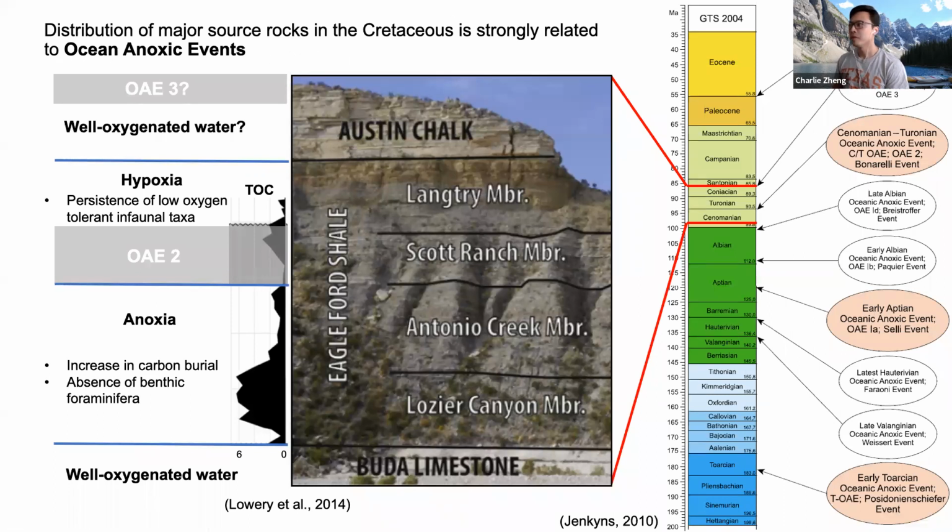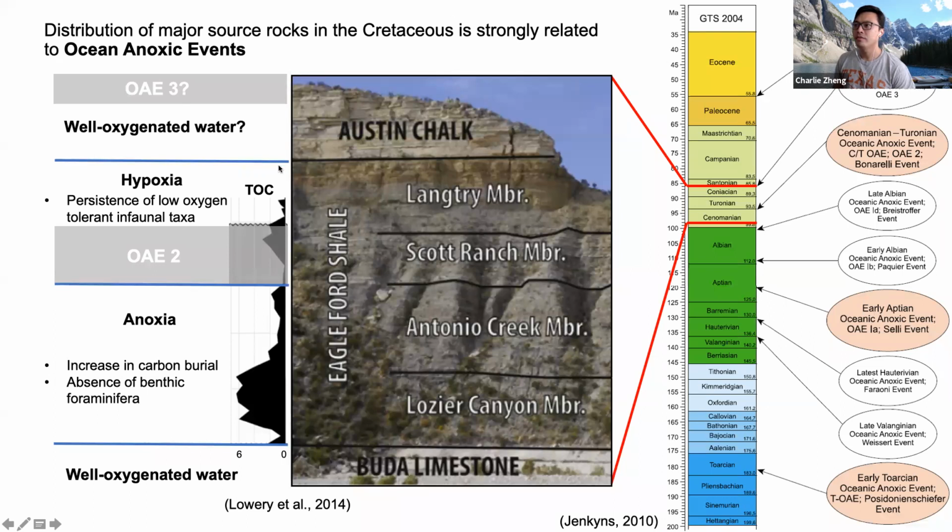For example, the well-known Eagle Ford Shale that produces prolific petroleum is related to ocean anoxic event 2, which increased organic matter burial during that time.